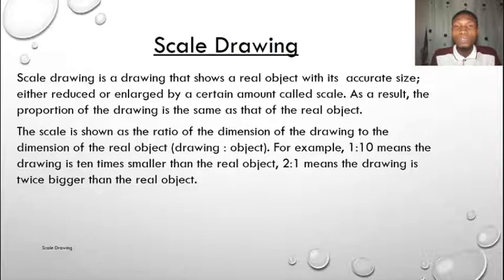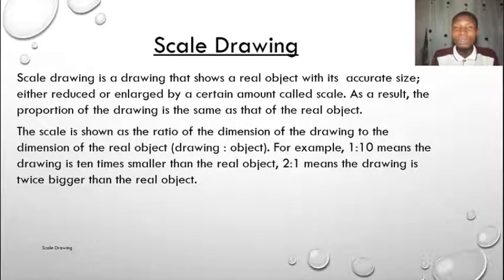If this object is to be reduced and the scale for that is 1:10, what you're going to do is to divide the 200 by 10. Dividing the 200 by 10 is going to give us 20. Then you divide the 50 by 10, which is going to give us 5. So that's going to give us the dimension of the object to be drawn. So that's for the reduction.